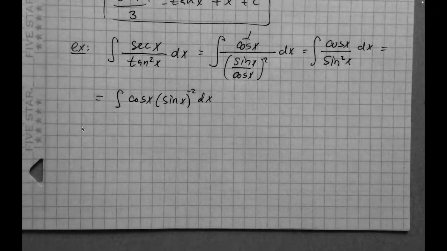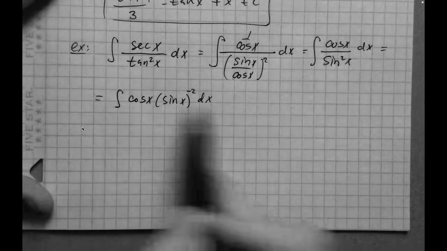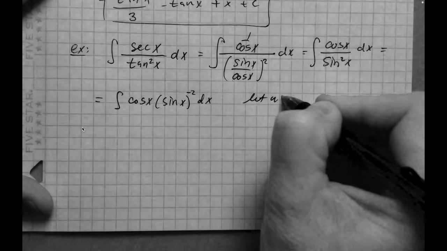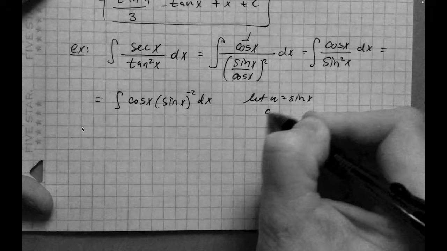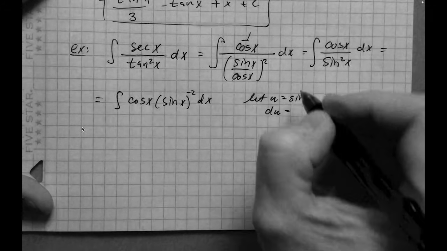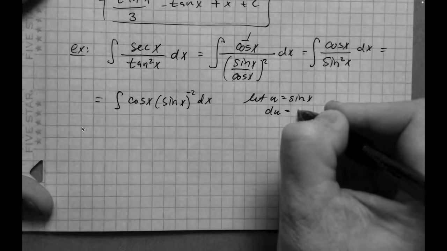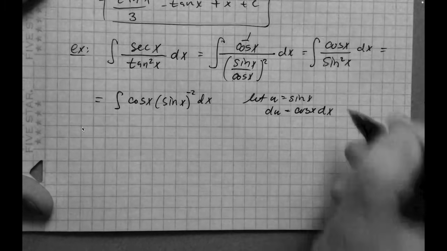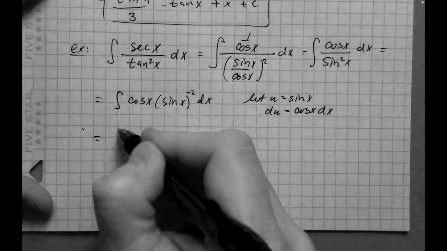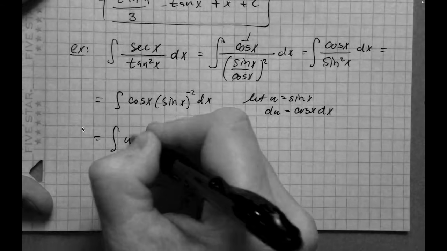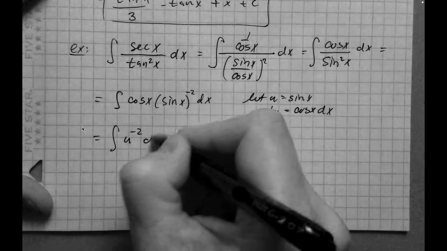And we can see this is going to work out for us, isn't it? This actually is in perfect state for just a u substitution. Let u equal sine of x, then du is equal to cos x dx. And so this would be equal to the integral of u to the negative 2 power du.